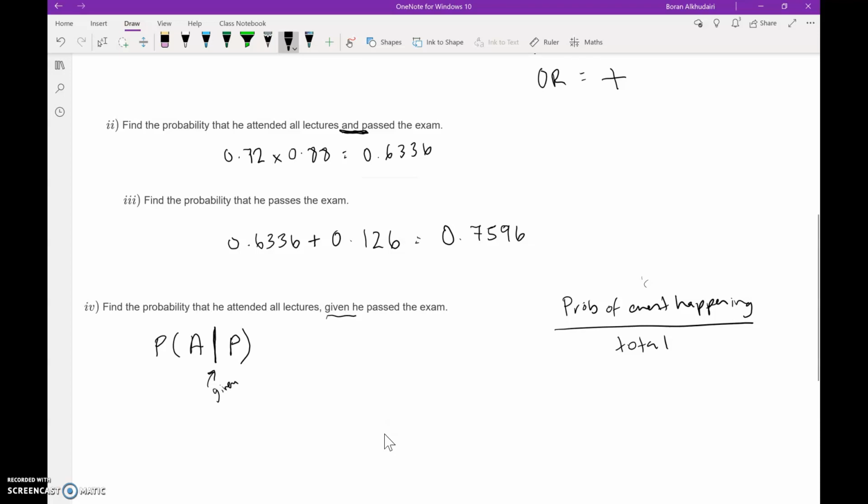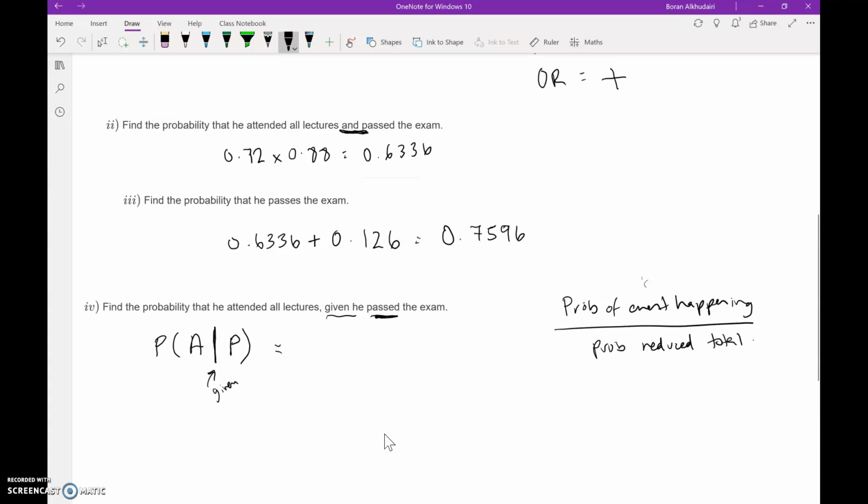And we can use the probability. So what's actually changing here? The probability of the reduced total, because our total has reduced from everything that he did, whether he passed or failed, to just passing. Our total has changed to just passing.